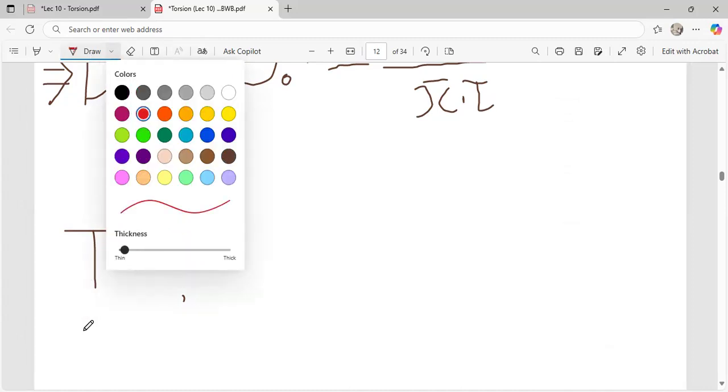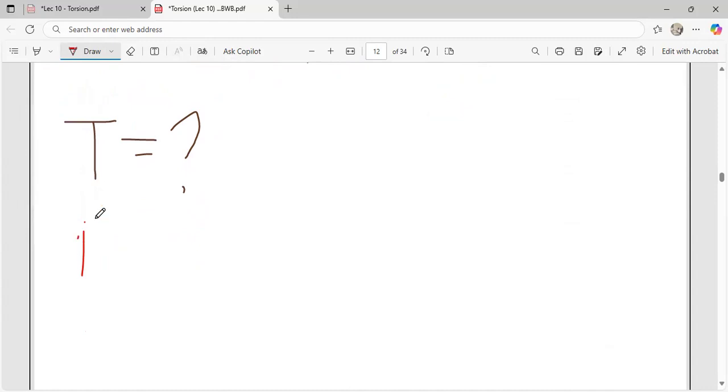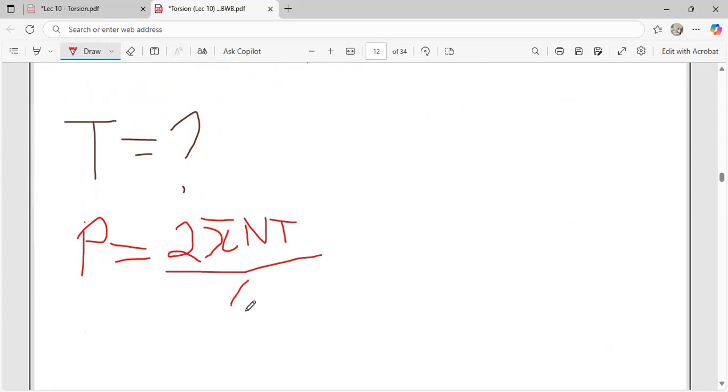From the formula we learned, our P is equal to 2 pi nT all over 60.